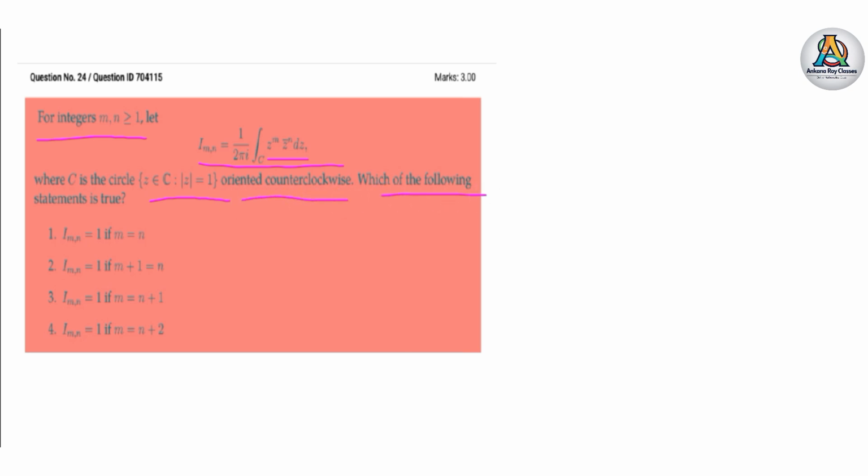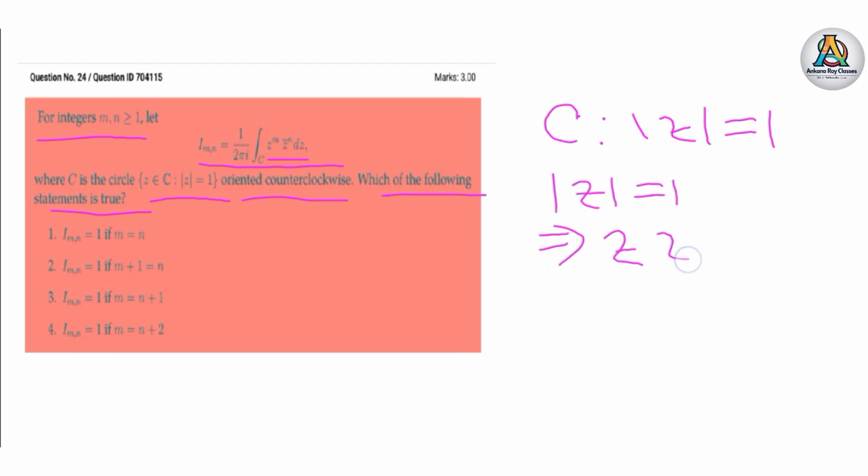Each of the following statements is true. Here the integration I_mn is taken over the circle C, which is mod z equal to 1. Now mod z equal to 1 implies z into z bar is equal to 1, which implies z bar is equal to 1 by z.